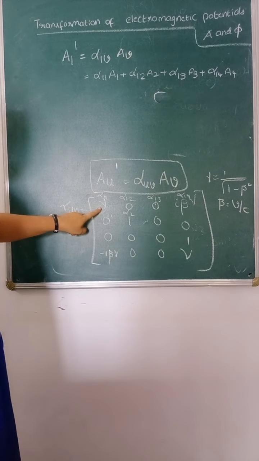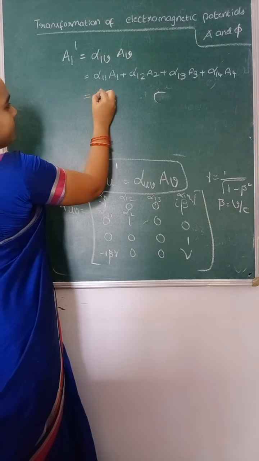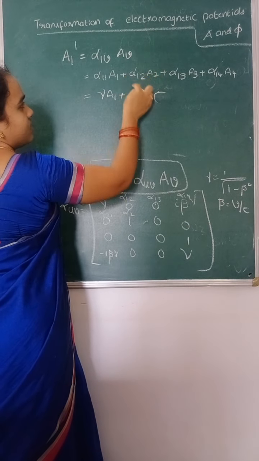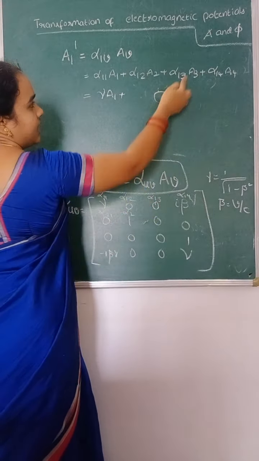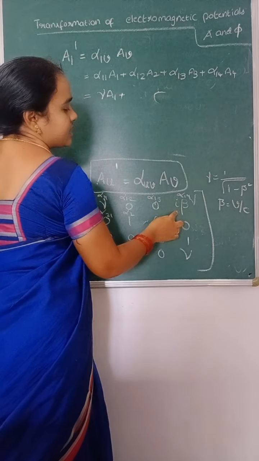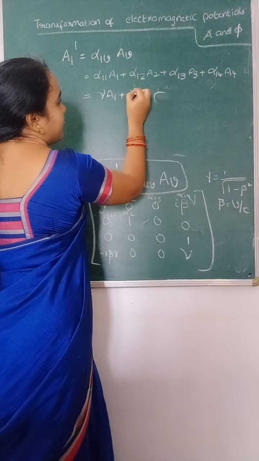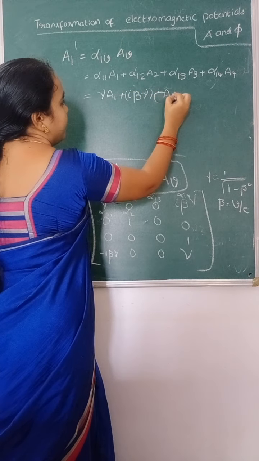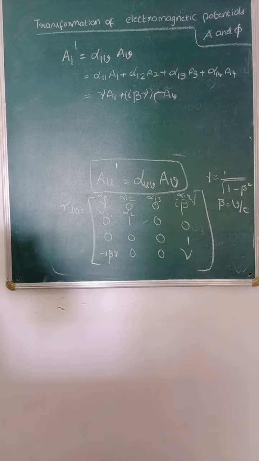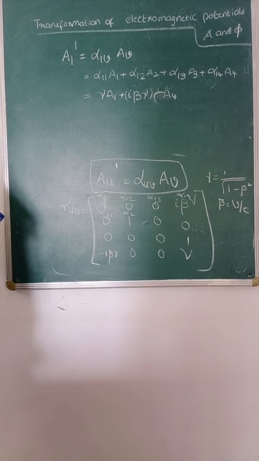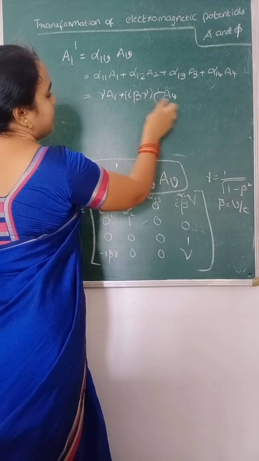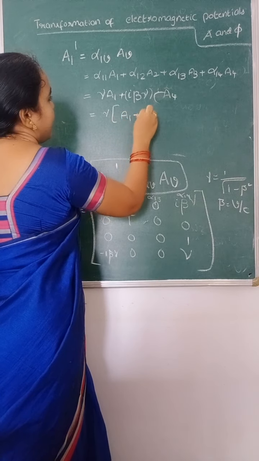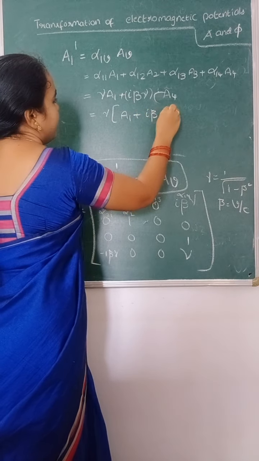What is alpha 11? This is gamma A1. Alpha 12 is 0, so this total term is 0. Alpha 13 is 0, so this total term is 0. Next is i beta gamma into A4. In these terms gamma is common, that is, A1 plus i beta into A4.